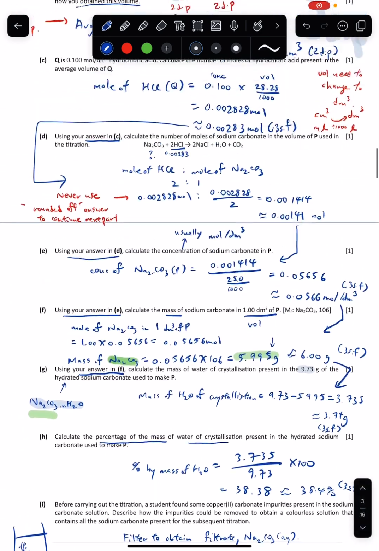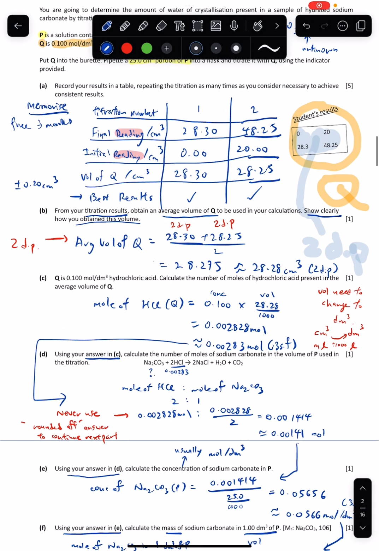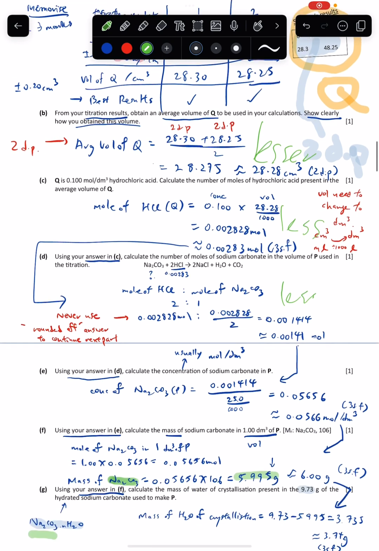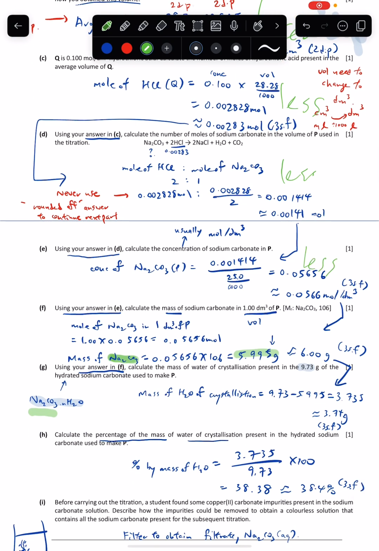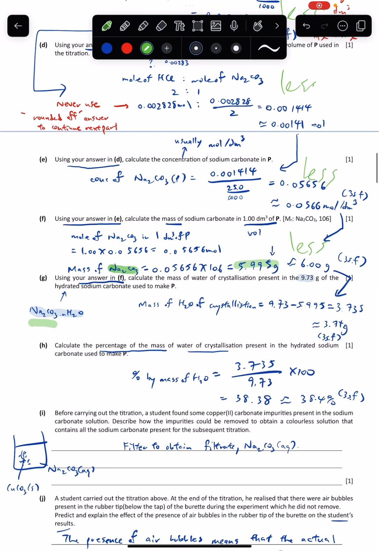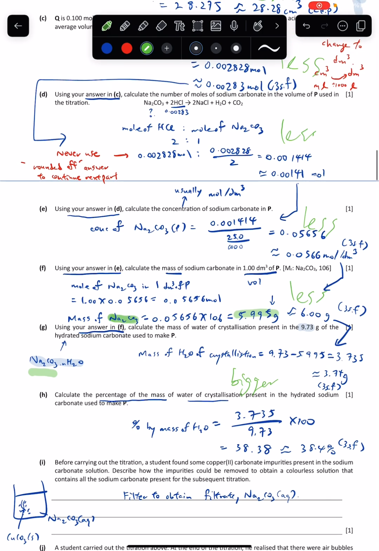Lesser of Q. So if you look at your calculation, if this is lesser, everything else calculated will also be lesser, which means your mass of water is actually bigger. So that means you end up with bigger percentage.